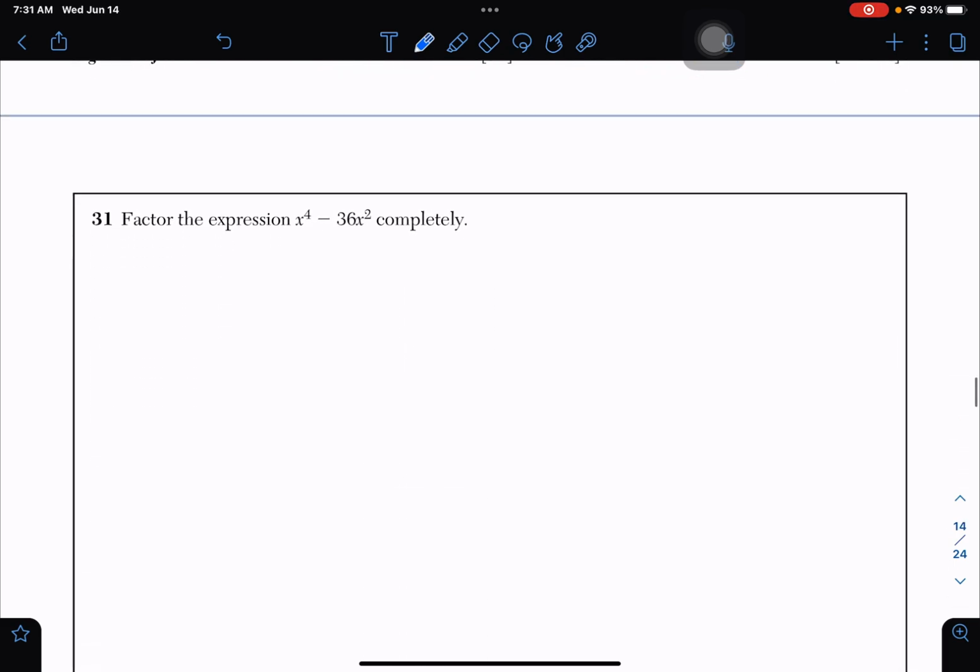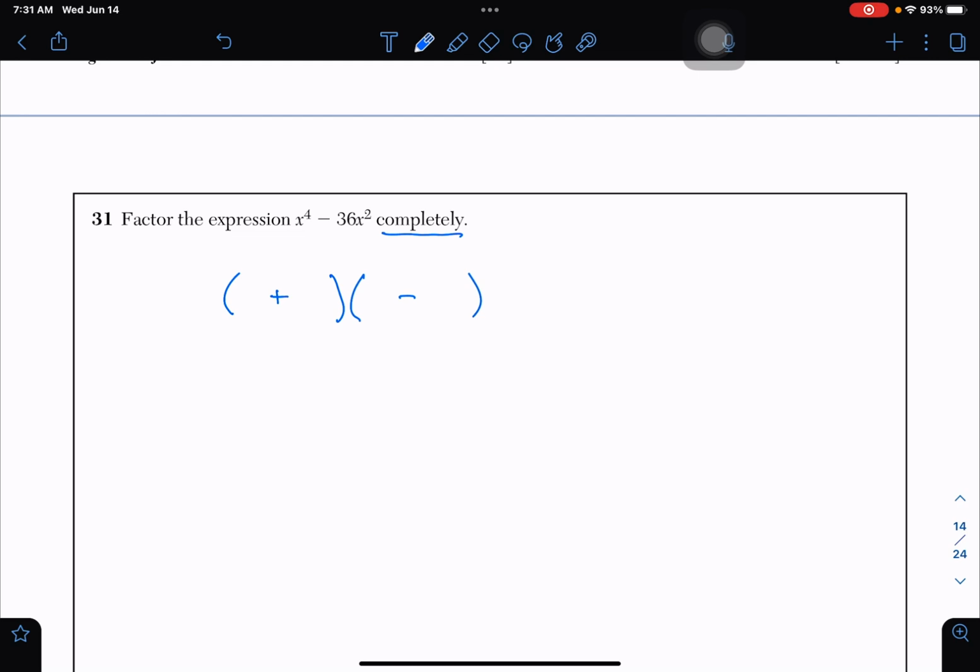All right, the next one, express completely. So we've talked about these. You usually have to factor twice. So this is the difference between two squares. Even exponents of squares are perfect squares, and 36 is a perfect square. So this factors into two binomials, a positive and a negative.